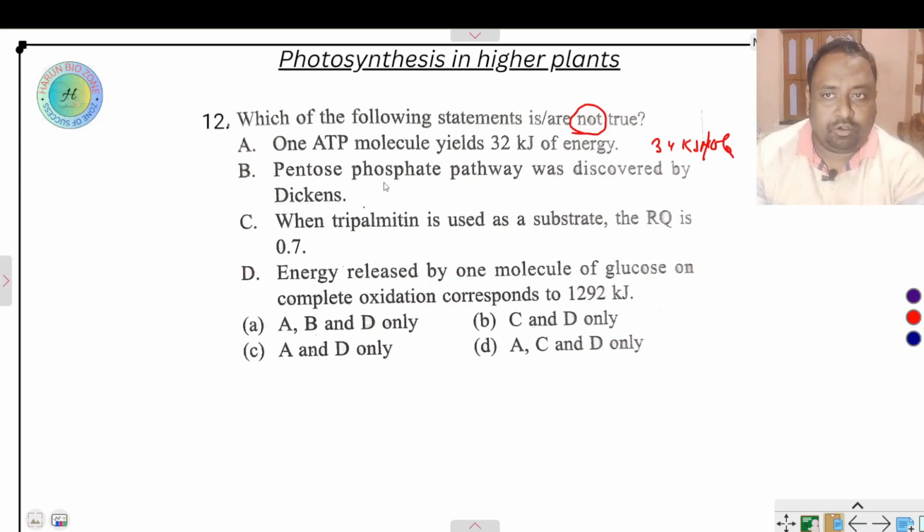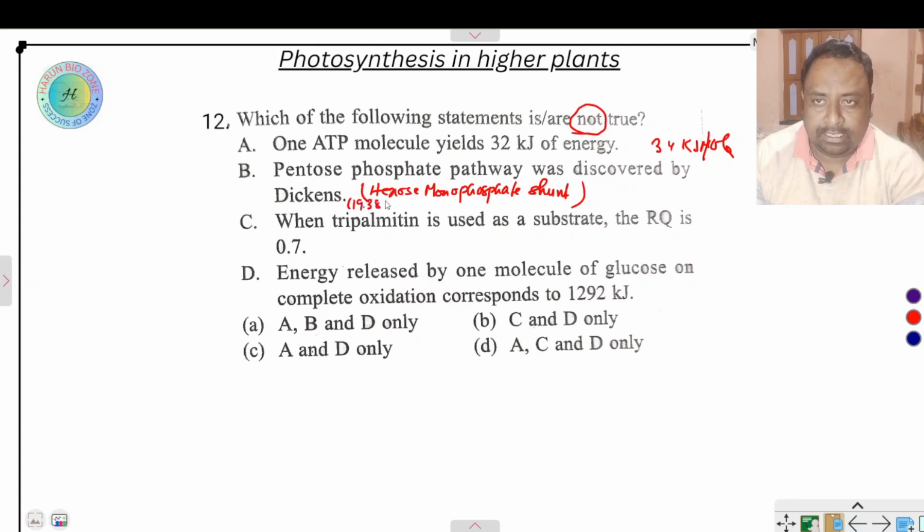Pentose phosphate pathway or hexose monophosphate shunt. Okay, this is called hexose monophosphate shunt, discovered by Dickens 1938 and Warburg 1953.